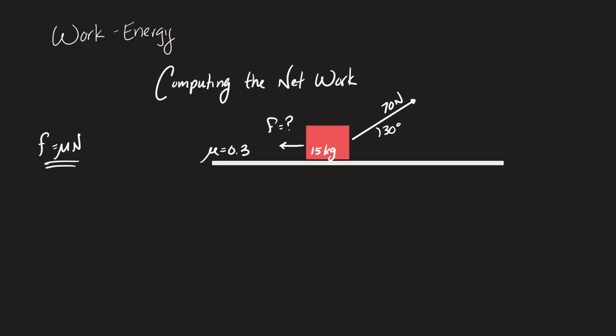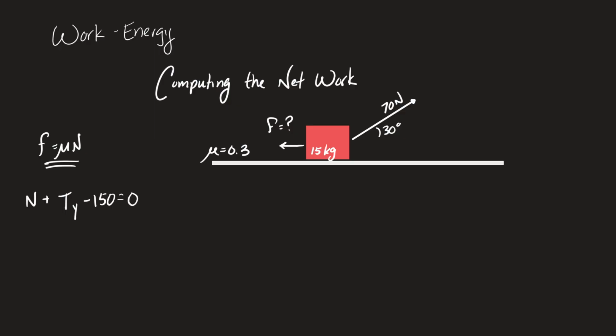115 newtons. How'd you get that? Well, because the 70 newtons is angled at 30 degrees, so you have to take the weight force minus the 70 sine 30, you'll get the normal force. Sure. So we have normal plus whatever component of that tension is in the y direction minus 150 equals 0.